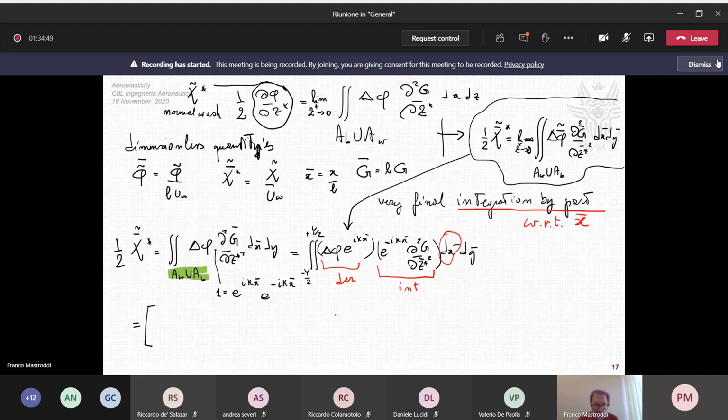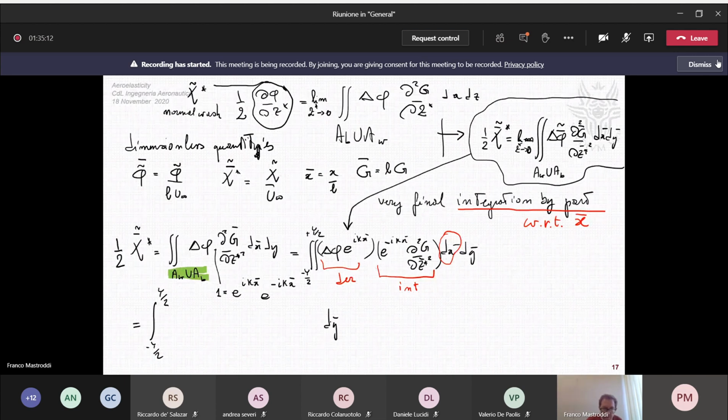So I want to keep this integral, so I have, first of all, the integral from minus Y/2 to Y/2 in y.